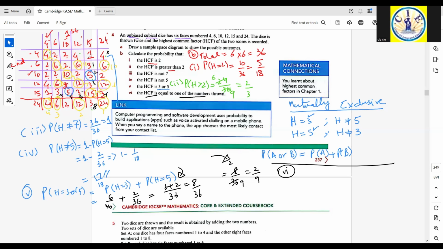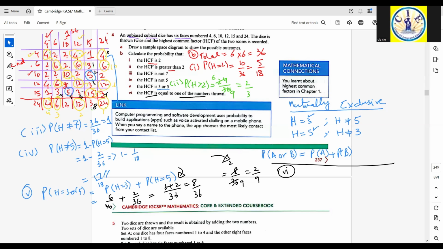and then 14, 15, and then 16. Okay, this one as well, this one as well, because this is 4, 12, 4, 4, 24, and 24. Okay, then what have I missed?